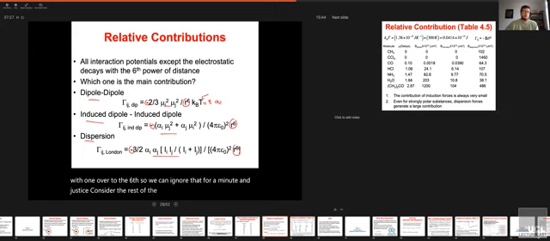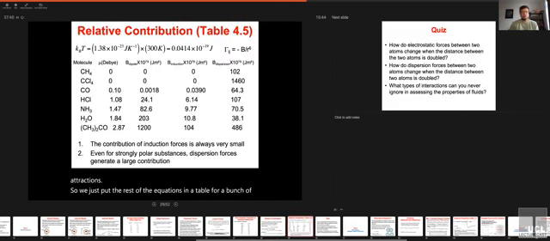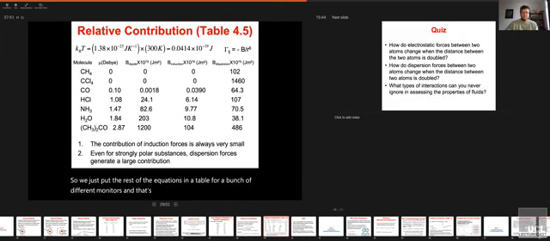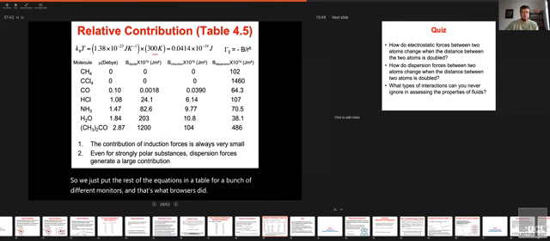And let's also ignore the minus in front, because we know all of these are going to give us attractions. So we just put the rest of the equations in a table for a bunch of different molecules. And that's what Prausnitz did. 300 Kelvin. These are the molecules that were considered. So you got here carbon monoxide, methane, you got water, ammonia, and a few others.